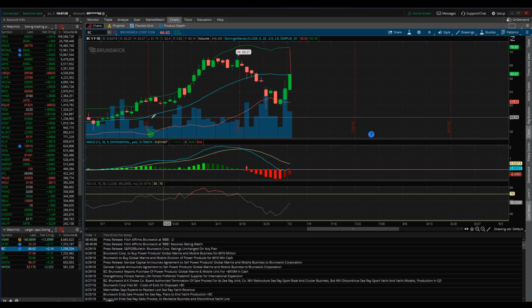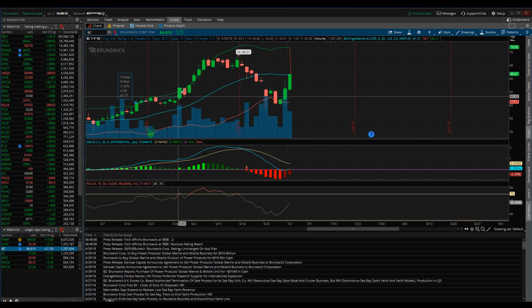But I like to hit them when they're hot, and they're hot when they break this upper band. So for instance, if you look back, if I'd have bought right there, yeah, I mean, it dipped down right there and I'd had a little bit of a loss.